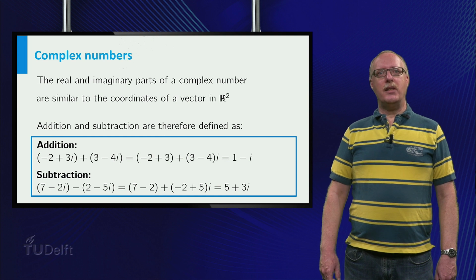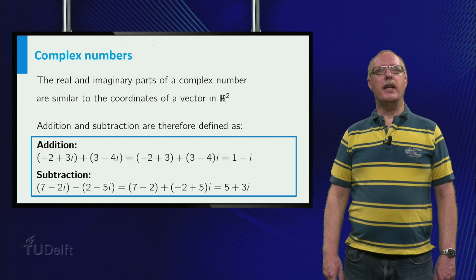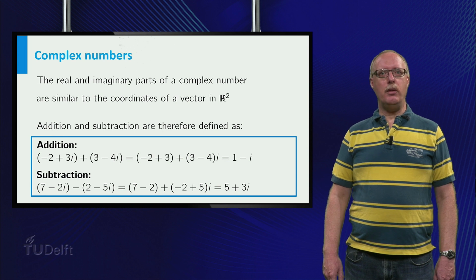And 7 minus 2i minus 2 minus 5i equals 7 minus 2 plus minus 2 plus 5 times i, which is equal to 5 plus 3i.